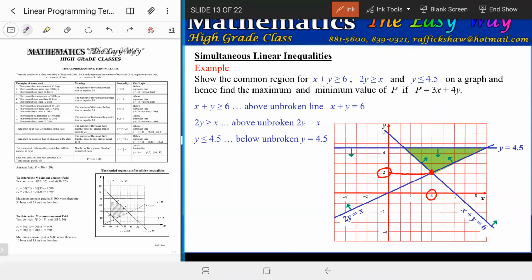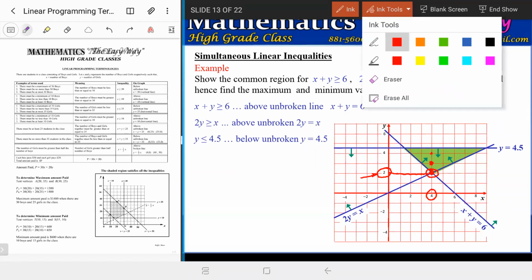Because once you go into the region, you're getting y values that are greater than 2. So this is the one extreme point. For an x value of 4, the lowest y value that they can have is 2. That satisfies all three inequalities, and that's why it is important. That point is a vertex. It's one of the extremes.